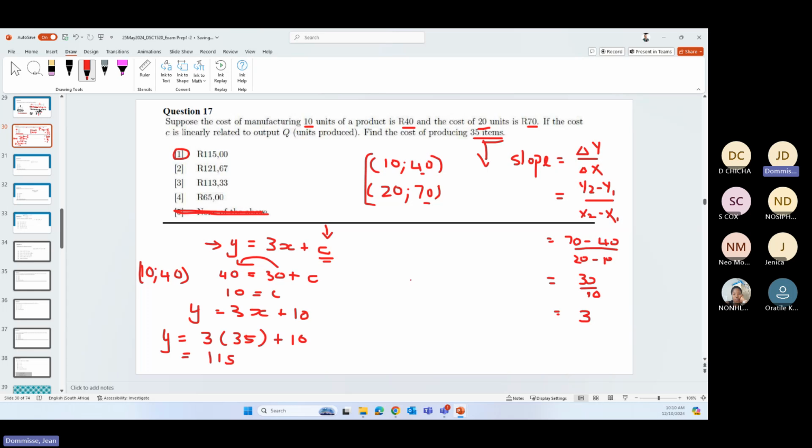Please work out what the cost is at 55. Then it is much more straightforward when they give you your first point, your second point, and you will need to work out what the cost is at 35 units.